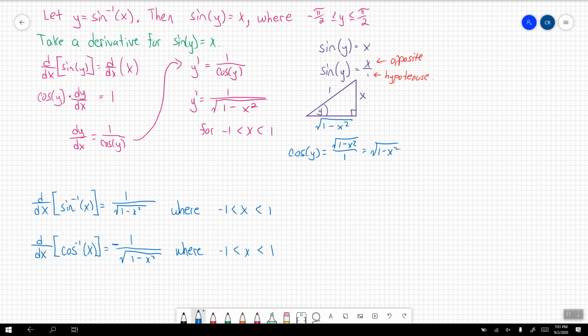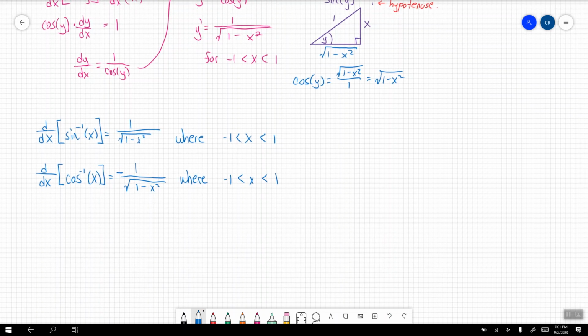Now, let's move on to tangents. So looking at tangent inverse, we now want to see that the derivative with respect to x for tan inverse of x is going to be equal to 1 divided by 1 plus x squared. These three are some of the most common derivatives that we get to see.